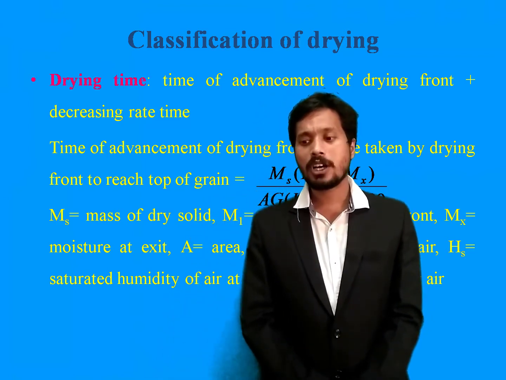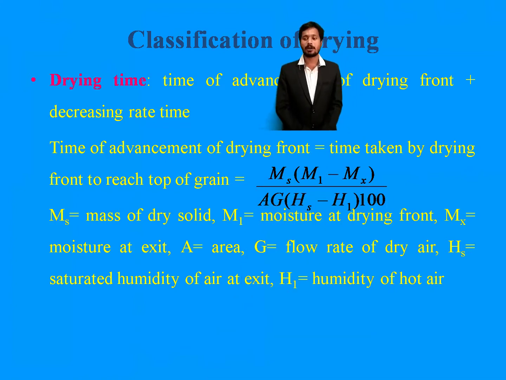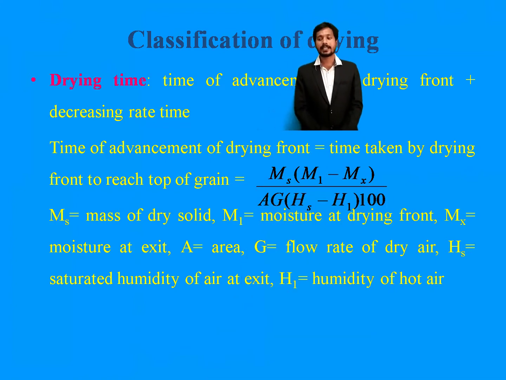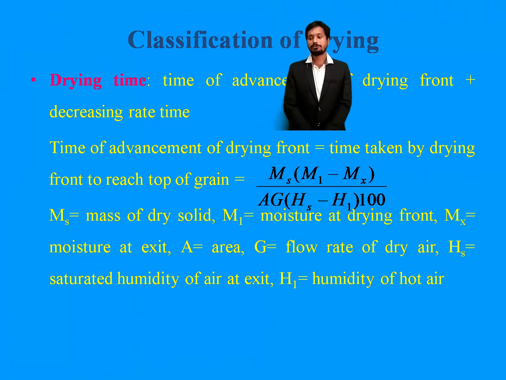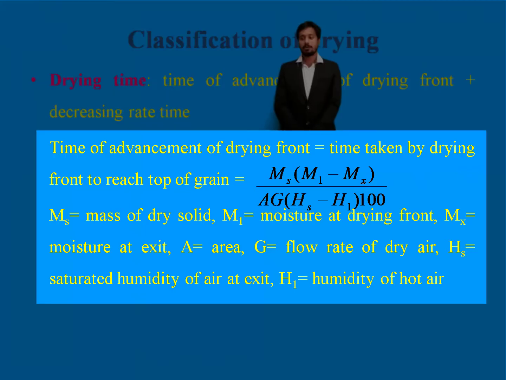The formula for the time of advancement of the drying front, that is, the time taken by the drying front to reach the top of the grain, is Ms (M1 minus Mx) divided by A into G (Hs minus H1) into 100.